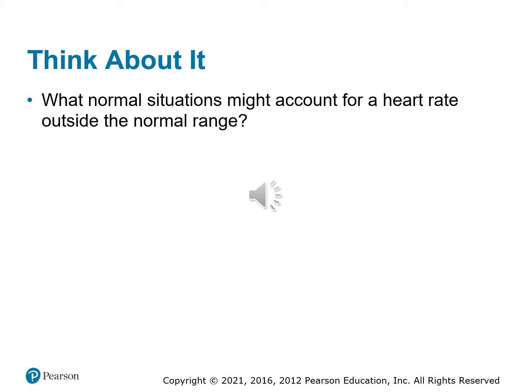Just think of any cardio workout you do. What's the goal of a cardio workout? Goal is to raise that heart rate. So in those situations, you kind of have to use, I'll say, some common sense to put two and two together and figure out, all right, they're outside of the normal, but is there a reason they're outside of the normal? Hopefully that makes sense, but just kind of process it and think about some situations that you might run into.